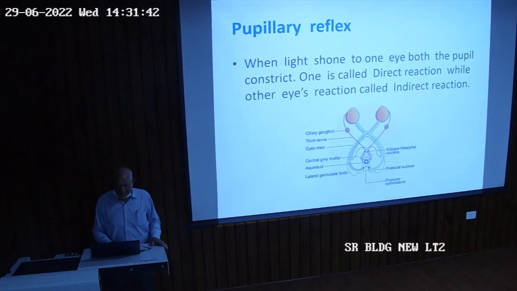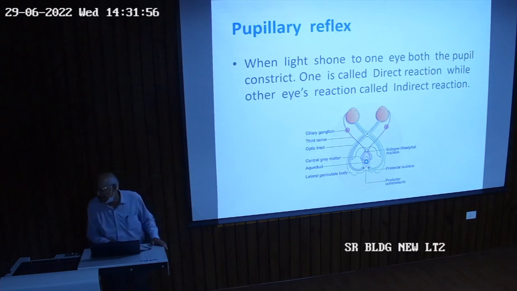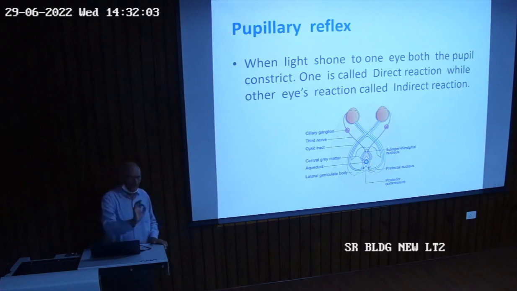Light comes here, it goes to this side and that side, the pretectal nucleus to the Edinger-Westphal nucleus, same side, both sides. This side also, the ciliary ganglion, this side also, and then the ciliary muscle and pupillary sphincter, both getting innervation. So constriction of both sides occurs. That is why when light is shown to one eye, the pupil reacts on both sides.